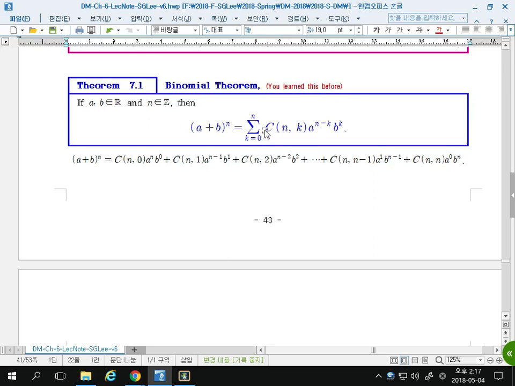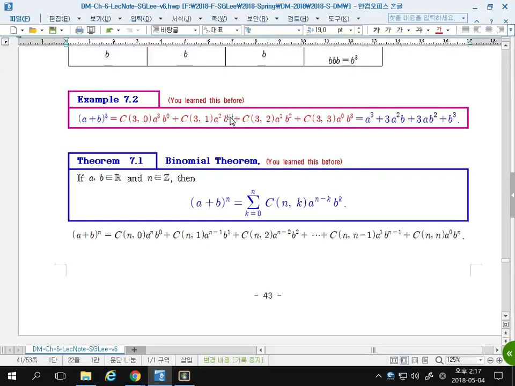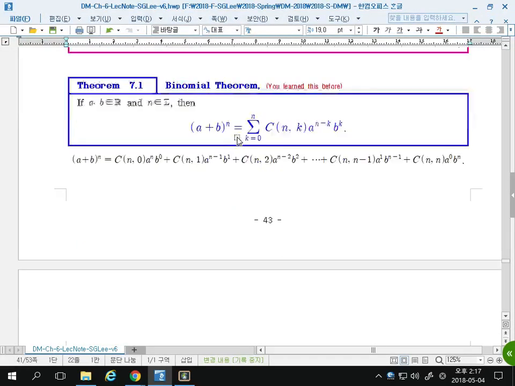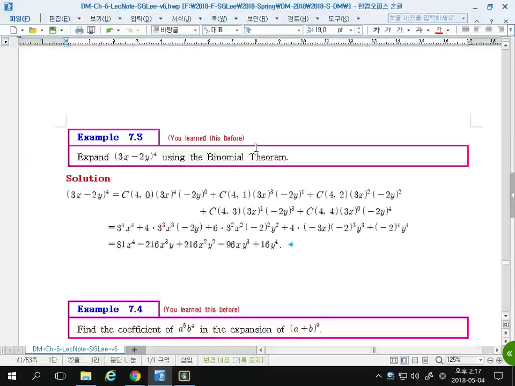So this is the generalization of this binomial equation. This is called the binomial theorem that you already know.